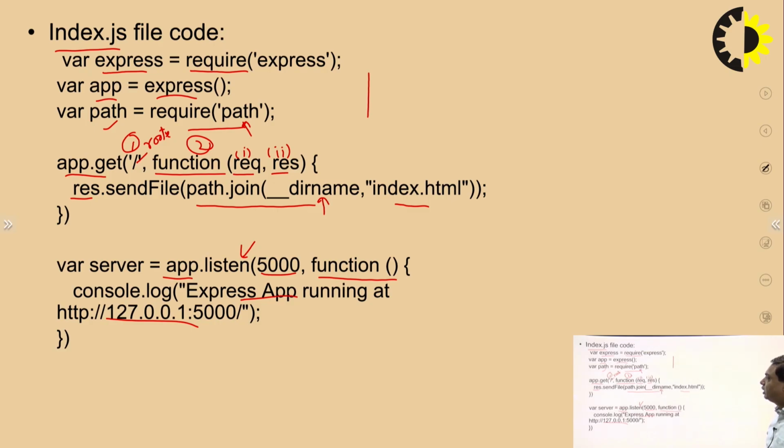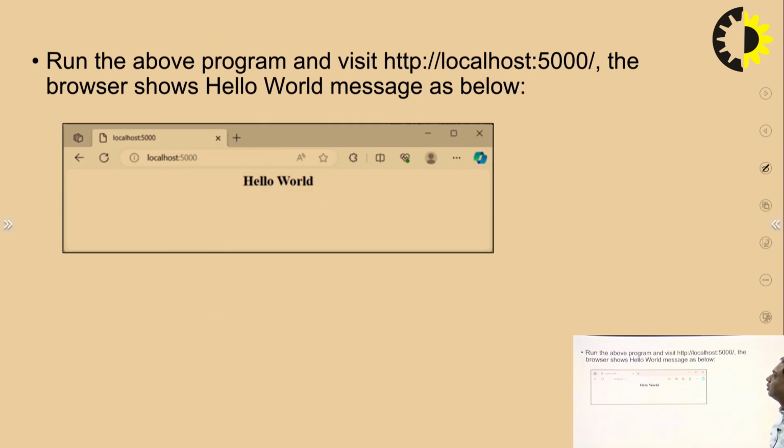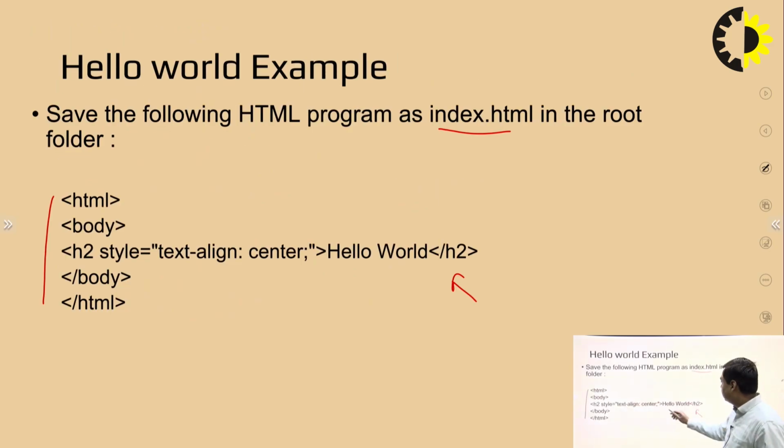So the get method is used to read the file and send the file as a response to the server, and the server will listen at port number 5000. When you run this program and give the URL in the browser, it will display hello world, because we have already given hello world in the index.html file.